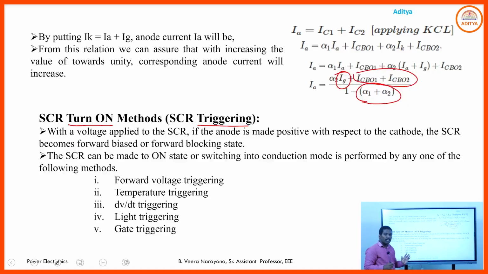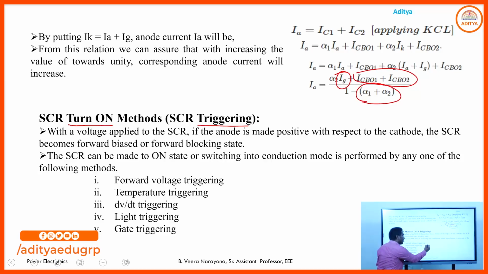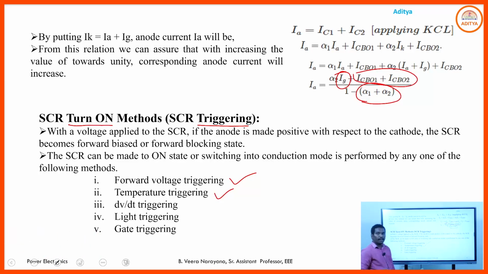Those turn-on methods are mainly classified into 5 types. Those are forward voltage triggering, temperature triggering or thermal triggering, dV by dt triggering, light triggering or radiation triggering, and gate triggering.